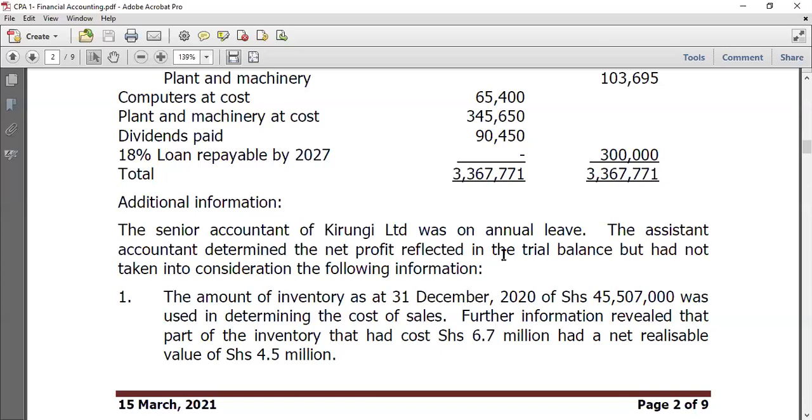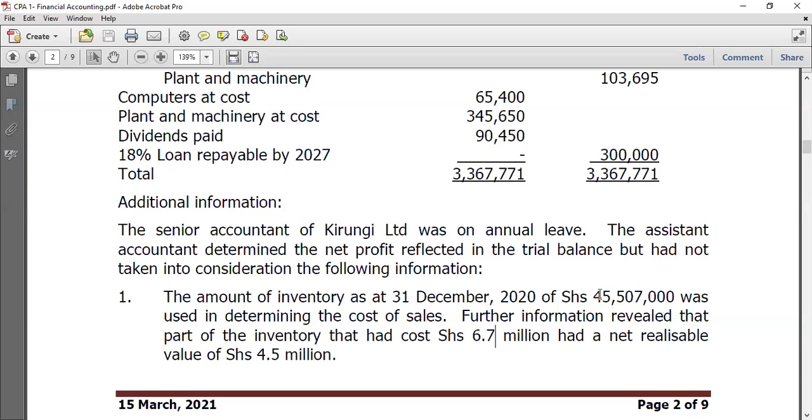If I'm going to do my P&L or statement of financial position, because in the statement of financial position is also where we take the closing stock, I should not take the whole 45,507 to record it, because I need to first reduce this inventory.